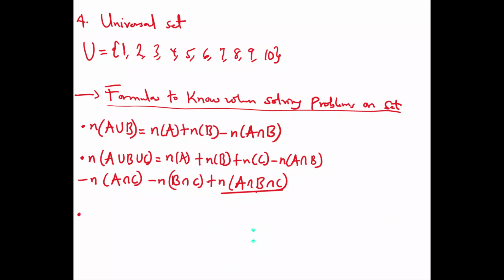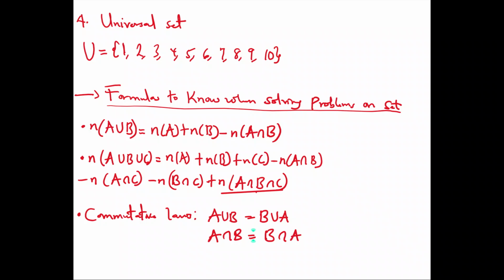And there are some laws in sets. One law that I'm going to talk about is the commutative law. The commutative law states that A union B equals B union A. No matter what order you write it, they are equal to each other.